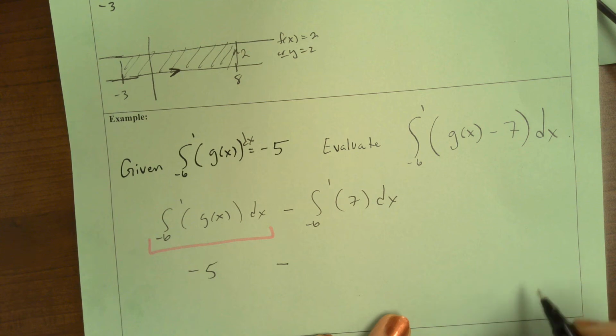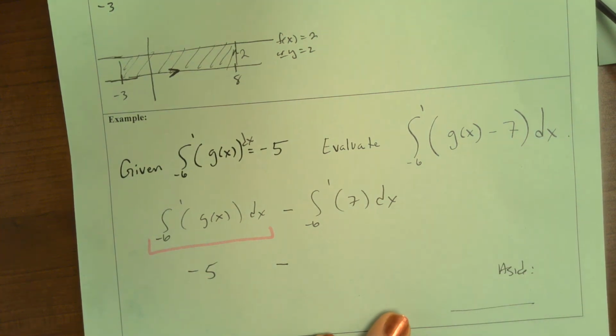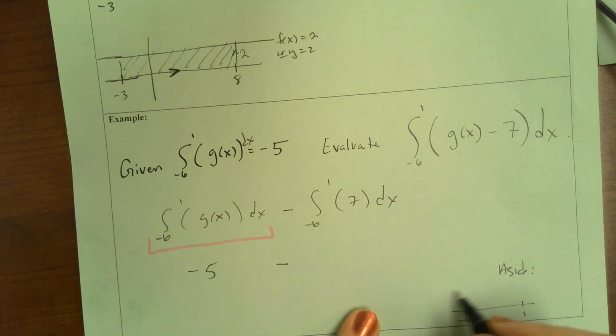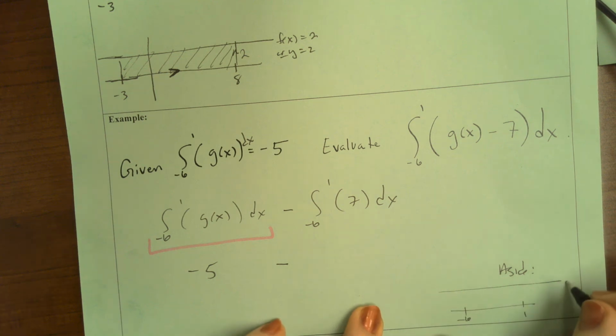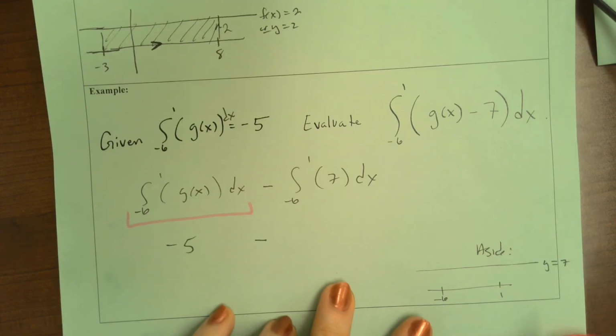So I'll just do like maybe a little aside. And I'm doing -6 to 1. And this is literally going to be a horizontal line. Okay, so I'm literally going to get a rectangle, so that's y equals 7.